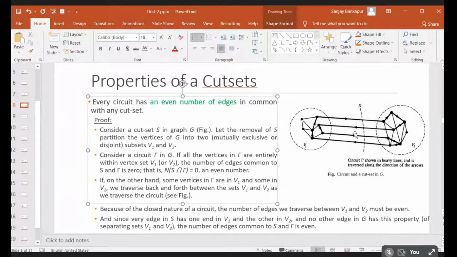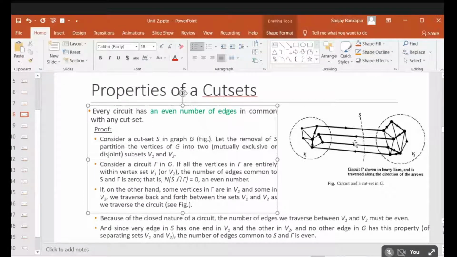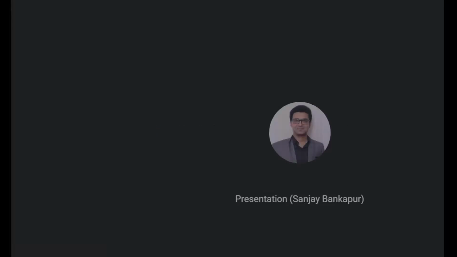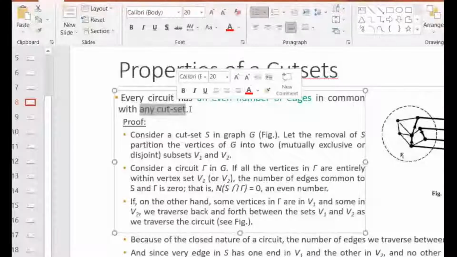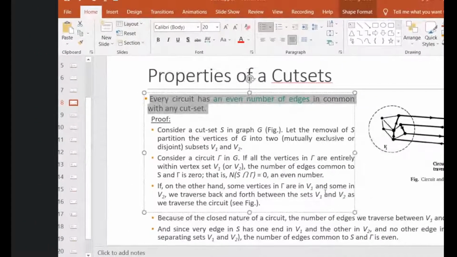So however we make a cut set in a given circuit, it will be an even number of edges in common with any cut set. That's what the third property says.